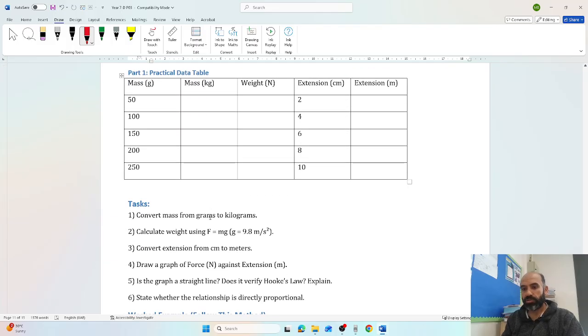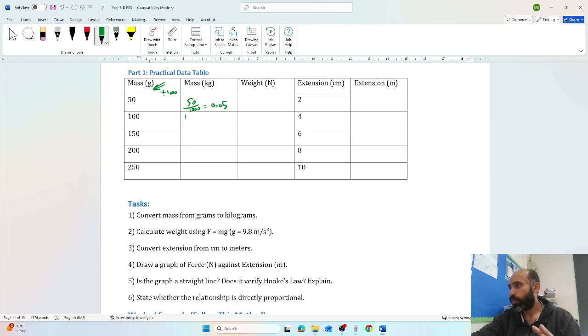Okay, so we will do the calculations. As you can see, how can we convert the mass from gram into kilogram? Just by dividing by 1000. So 50 divided by 1000, you need to write the steps. It will be 0.05 or 0.050.